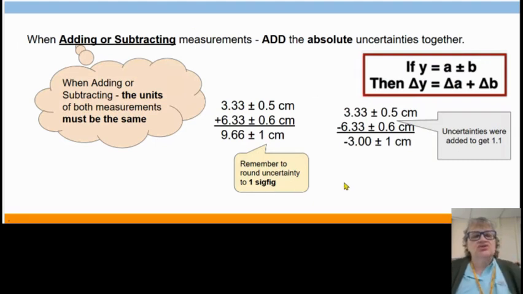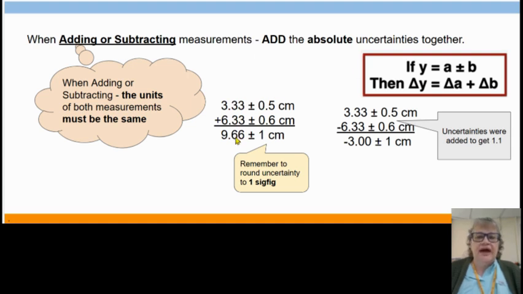Okay, so when adding or subtracting measurements, first make sure that the units of both measurements are the same. If they're not, you cannot add them or subtract them. If you're going to add them, you add the absolute uncertainties together.